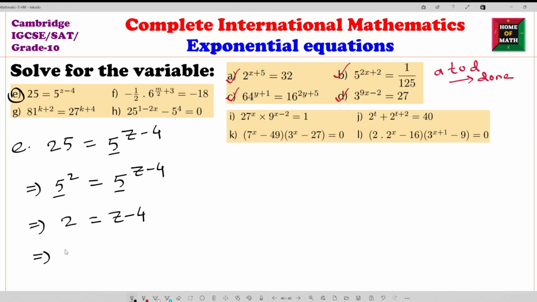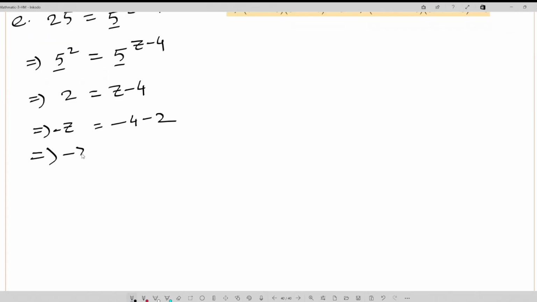So we can write z equals to minus 4. Here is minus z and minus 2, right? Then minus z equals minus 6. If we multiply both sides by minus 1, it will be z equals 6.